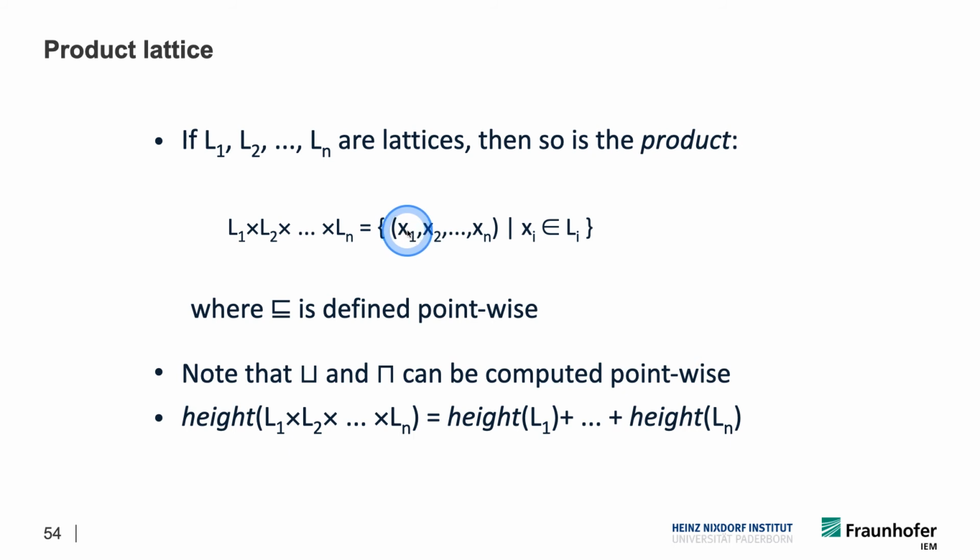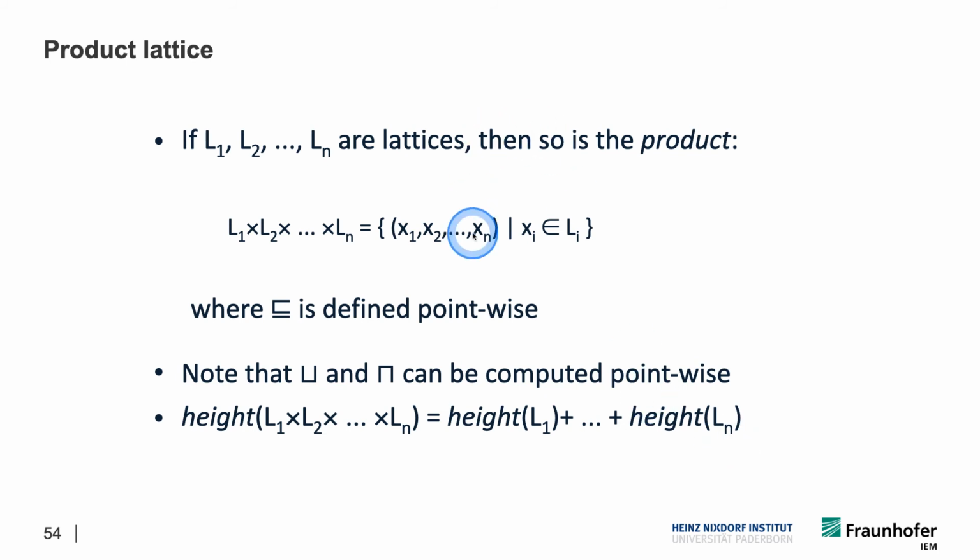And each individual element is an element of these lattices that we have defined already. Also here, the partial order is defined pointwise. You can compute the upper bound and lower bound pointwise. And here the height of this combined lattice is actually the sum of the heights of all the individual lattices that we have there.